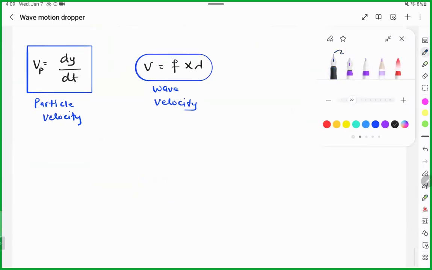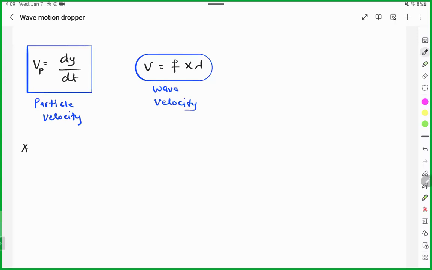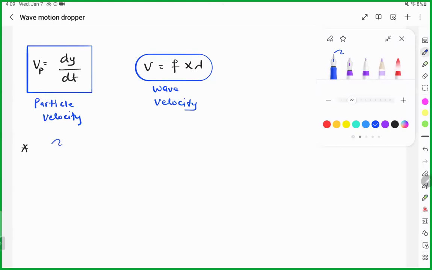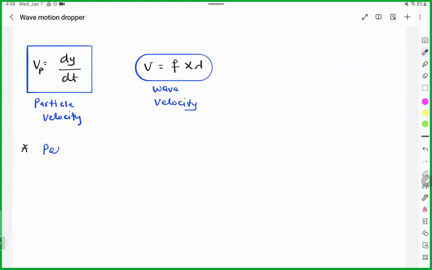Next, the same thing is important in your interference also, because in interference you always get confused. So in interference you have three things: path difference, phase difference, and time. But the main important things are path difference and phase difference.